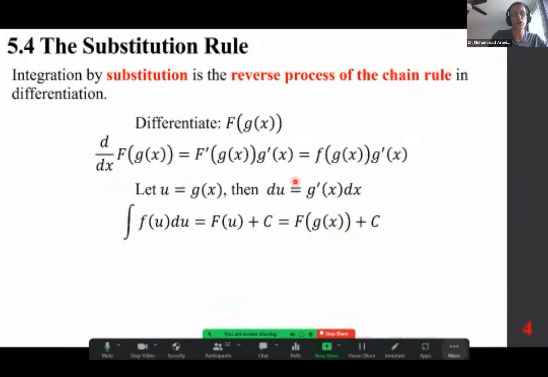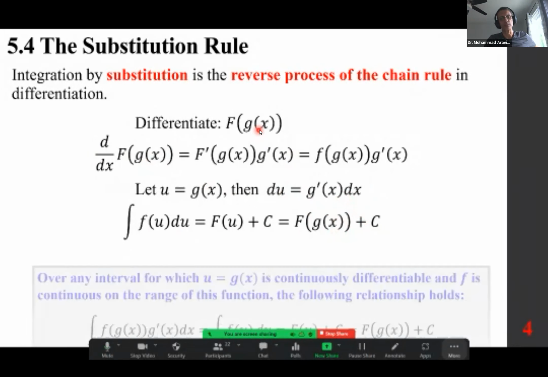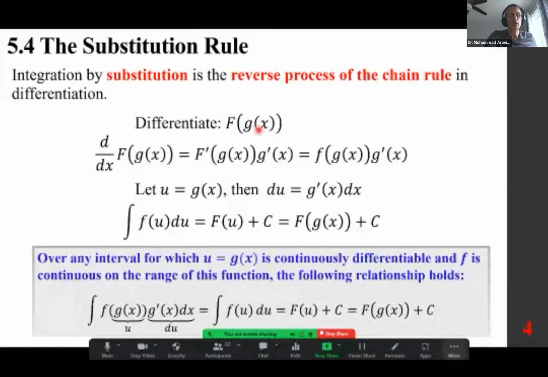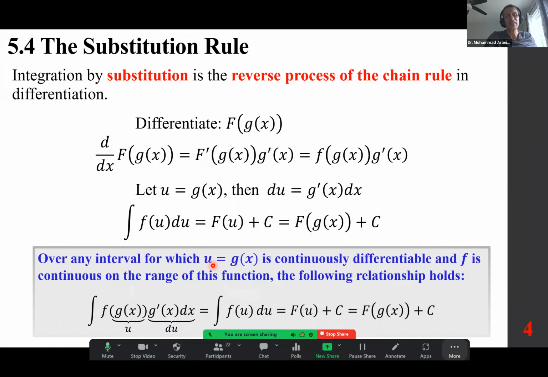So we differentiate it, and now that's the proof that we can go back to capital F of g of x. So over any interval for which u equals g of x is continuously differentiable and f is continuous on the range of this function, the following relationship holds.